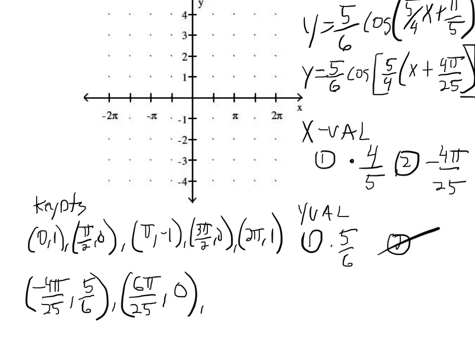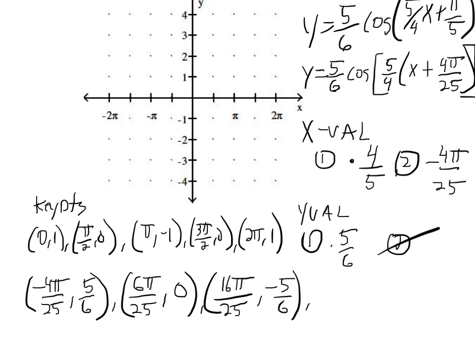Okay, next up, pi. Pi times 4/5 is 4 pi fifths. Minus 4 pi 25ths, common denominator, that'll give you 16 pi 25ths. And -1 times 5/6 is -5/6.